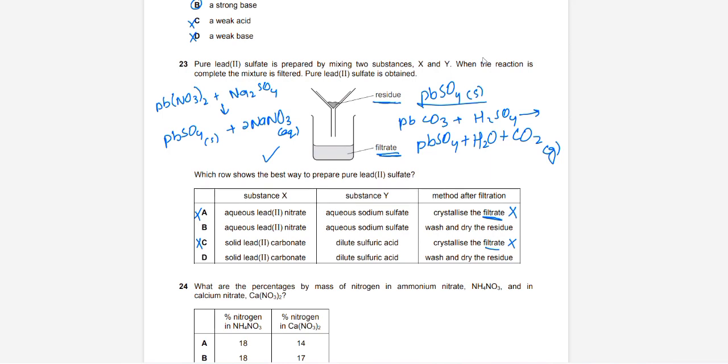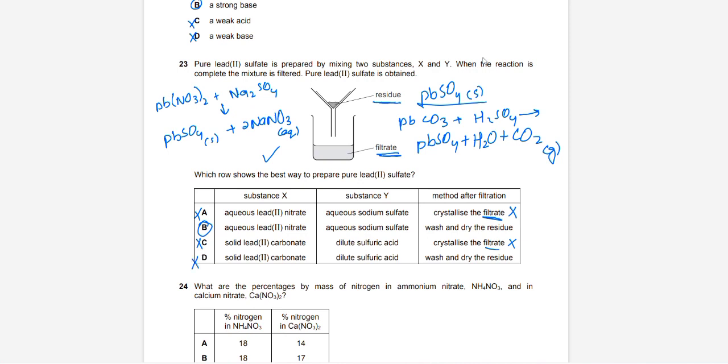The second thing is that we cannot mix lead carbonate properly. So this is the best way. You can wash and dry the residue. So option B is correct. Here the gas is also produced, so it seems a bit of a hard process.